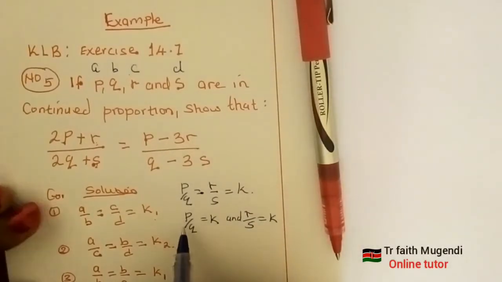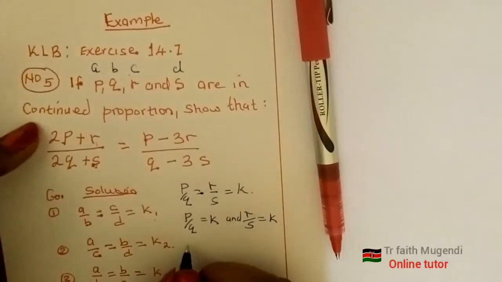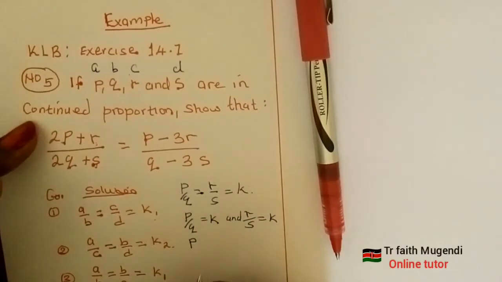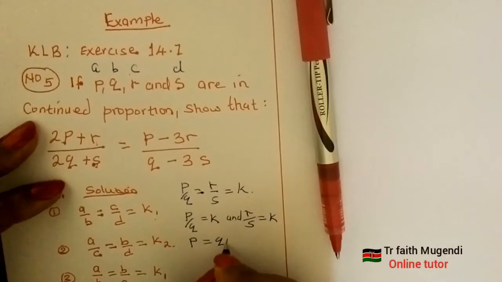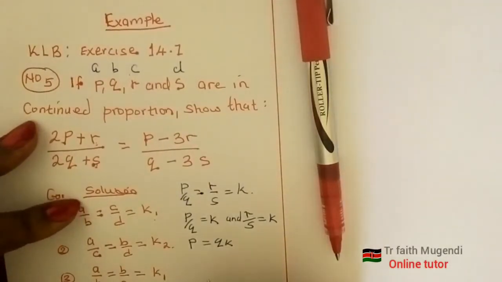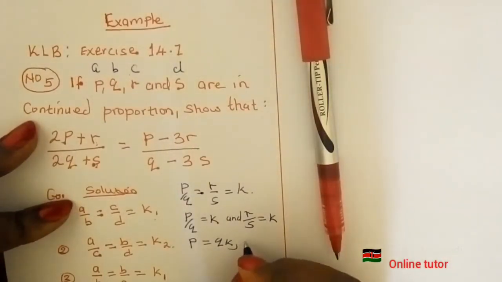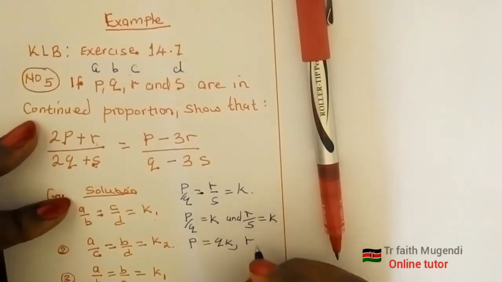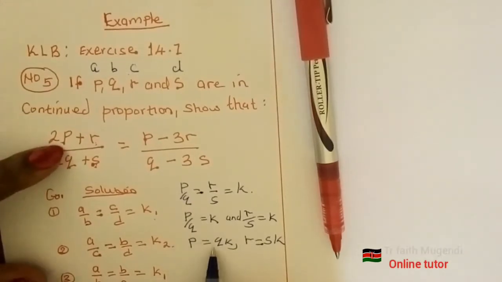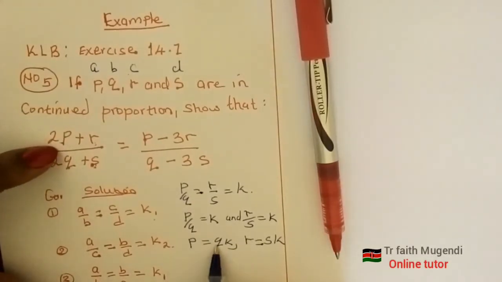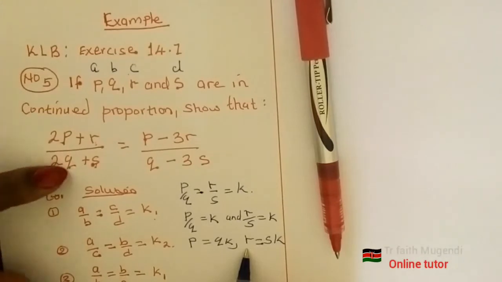Now, if we express P in terms of Q and K, then P is equal to QK. When we do the same, we express R in terms of S and K, then we have R is equal to SK. Now, if we substitute P with QK, then it will correspond with 2Q.